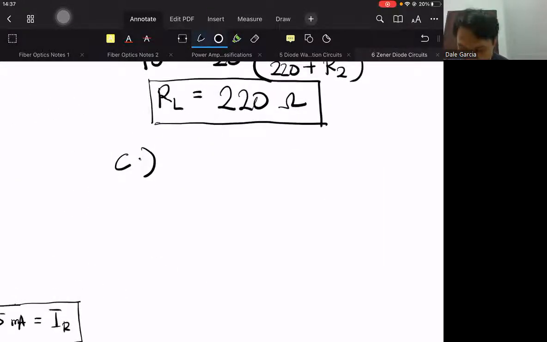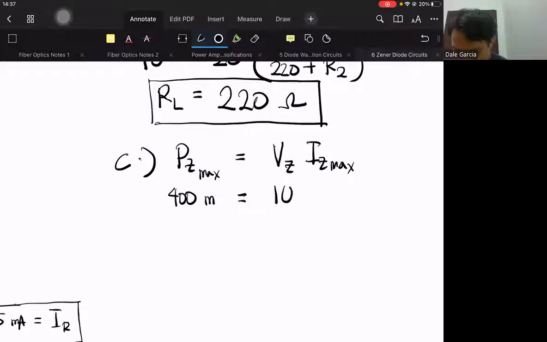PZ max is equal to power, which is current times voltage: VZ times IZ max. 400 milliwatts equals 10 times IZ max. Dividing 10 on both sides, IZ max is equal to 40 milliamperes.